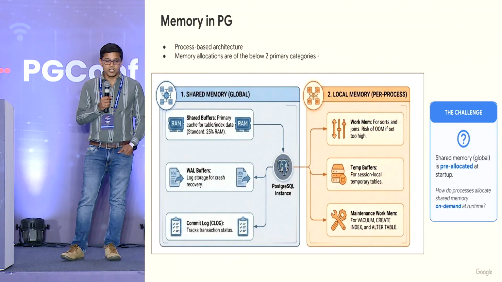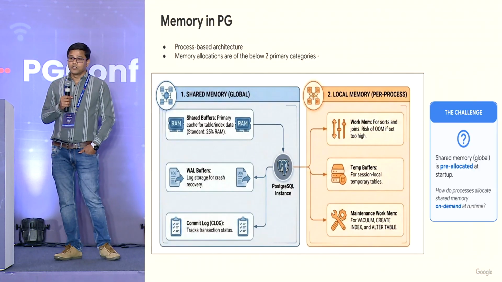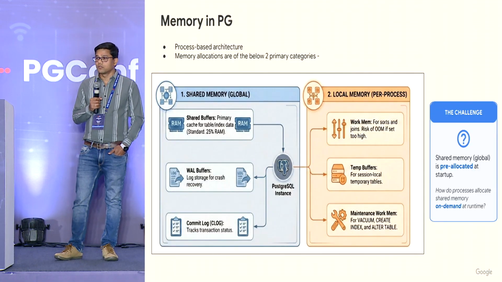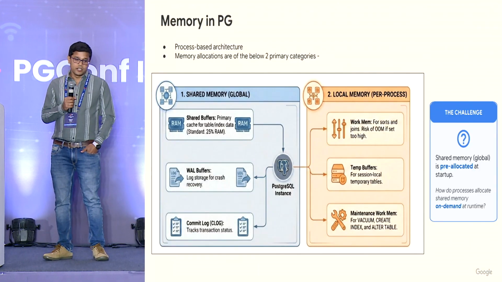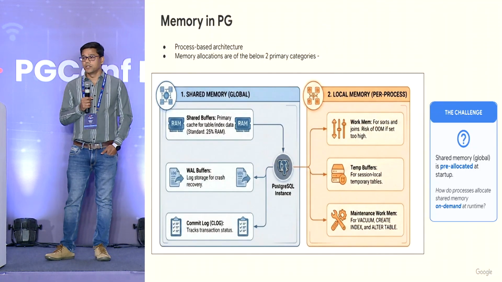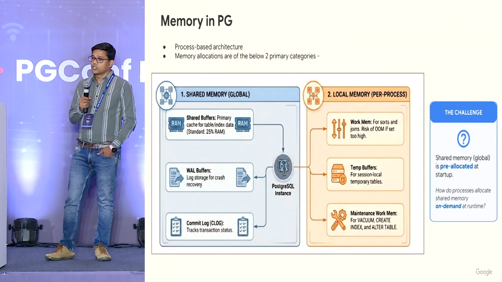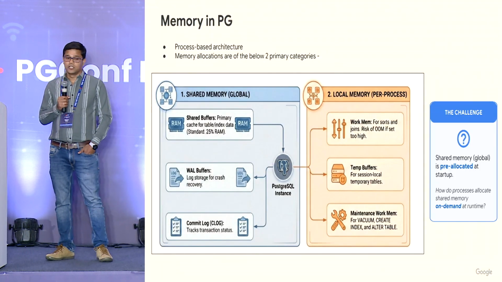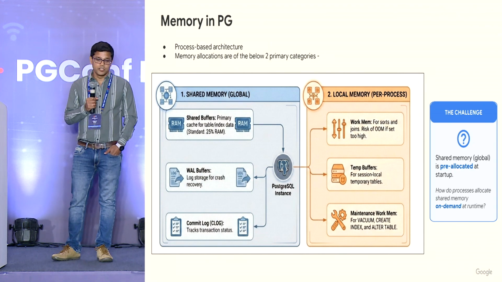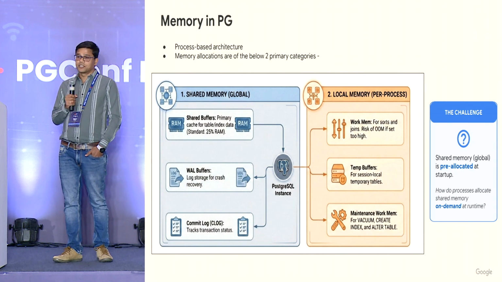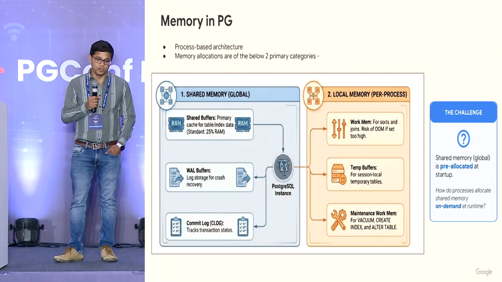So that's the shared buffer, and you can configure that while you are starting the server. Usually the standard and recommended way is to configure 25% of the total RAM as shared buffer. More is better, but more can also lead to other problems.